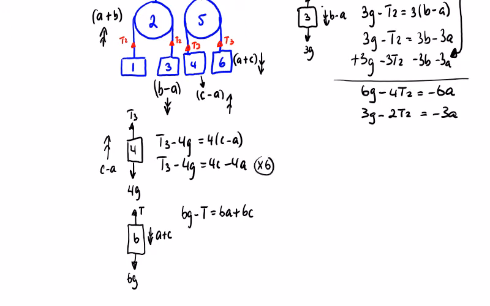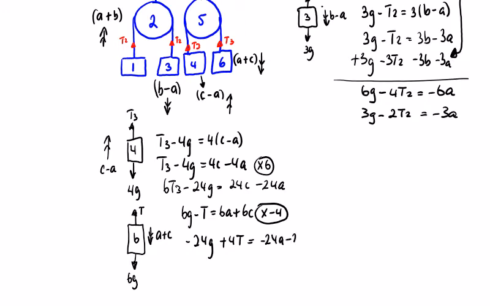If we multiply this one by 6, we get 6T3 minus 24G is equal to 24C minus 24A. Then we multiply this one by minus 4, we get minus 24G plus 4T is equal to minus 24A minus 24C. So let's bring them together. I've left out my 3.